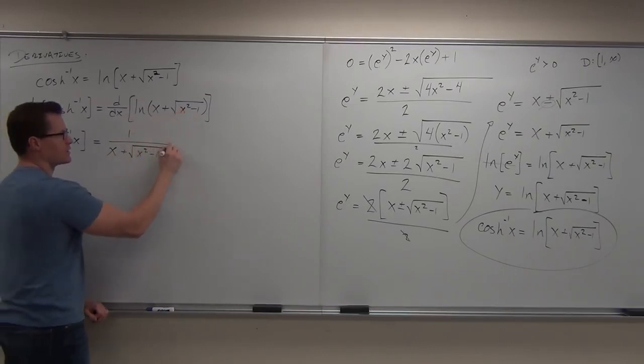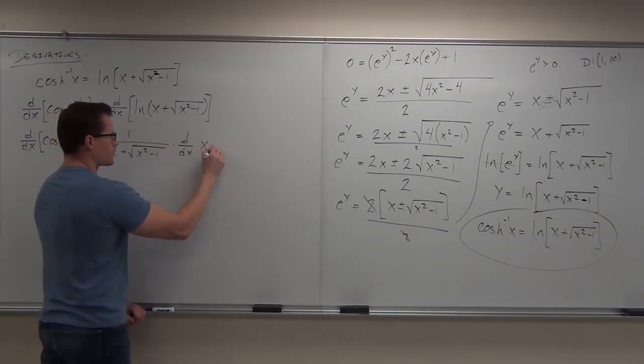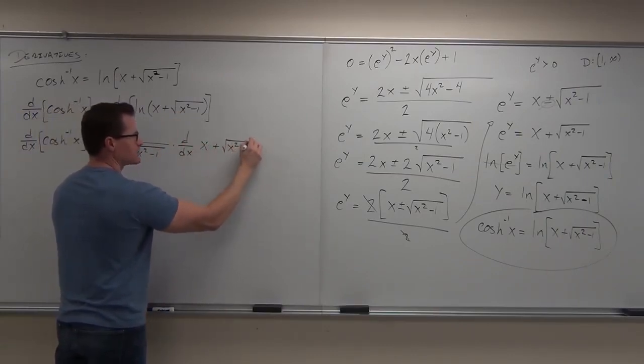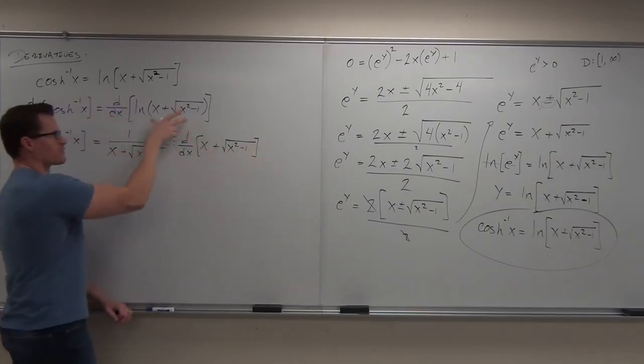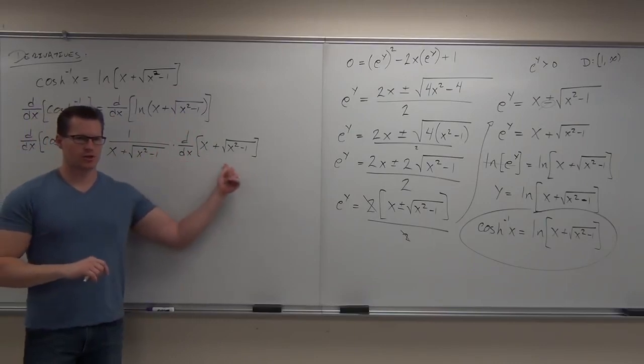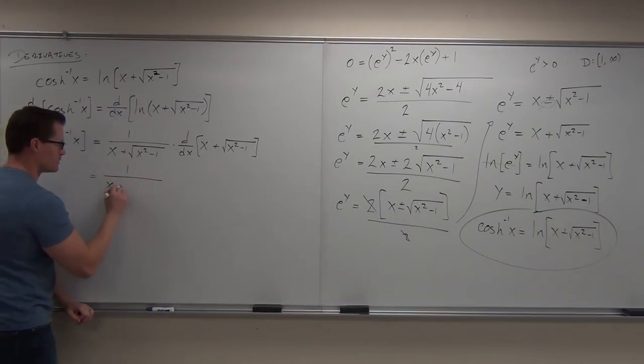So 1 over this times the derivative of the inside. Remember what I told you about derivatives? Let the d dx tell you where the calculus is. 1 over inside times derivative of inside. We're done with calculus here. Did you guys make it that far? Did you all do that one? Yeah. Cool. Many of you are getting really fast at derivatives, which is great.